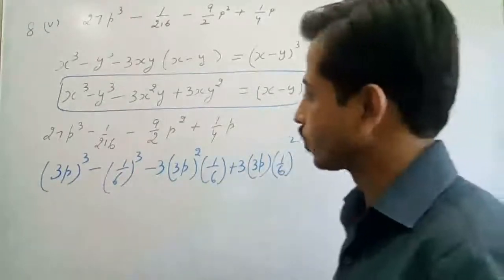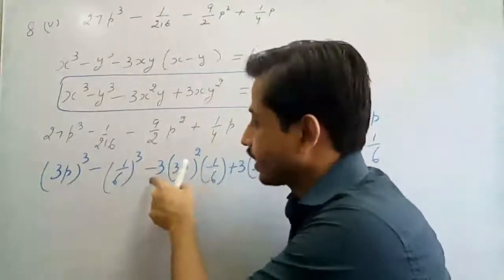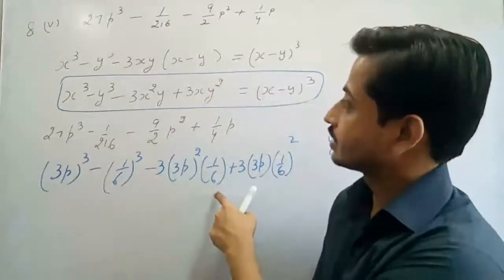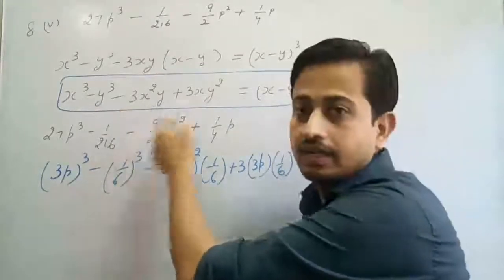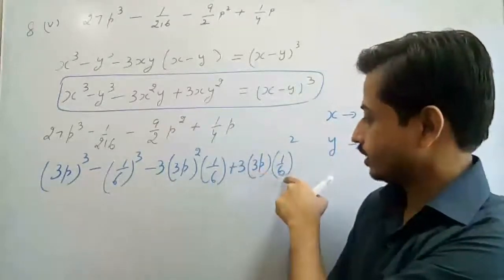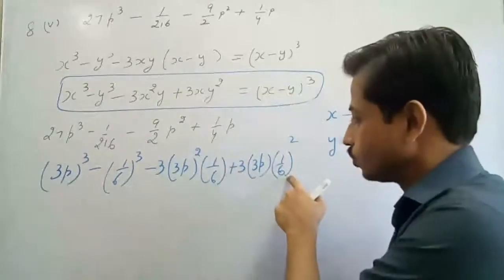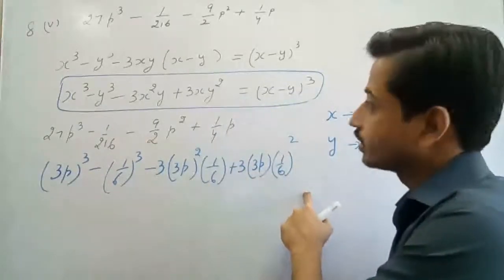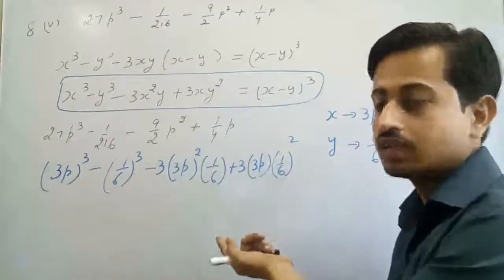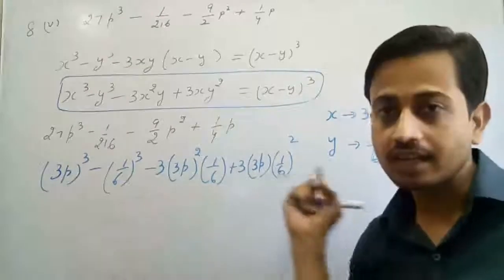Now if we try to solve, 3 square, 3 into 3, 9, 9 into 3, 27, 27 by 6, what do you get? 9 by 2. Same here, 3 into 3, 9, divided by 6, or you can cut it, 3 into 2, 6, 2, so we get 3 by 2, and this is square, so we got 1 by 4. It means the question is correct.